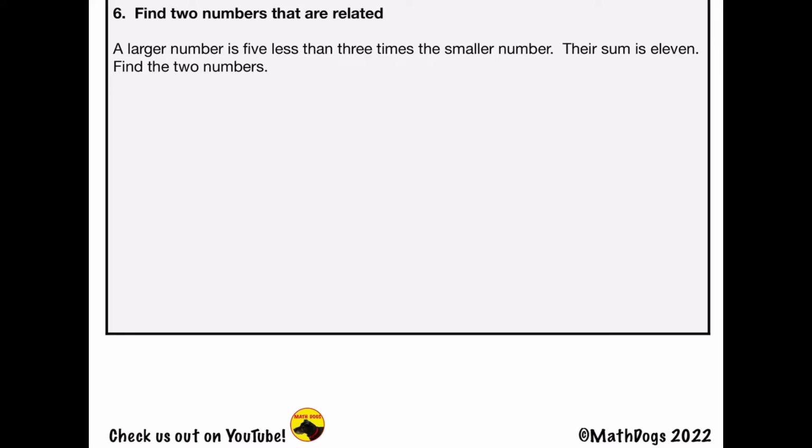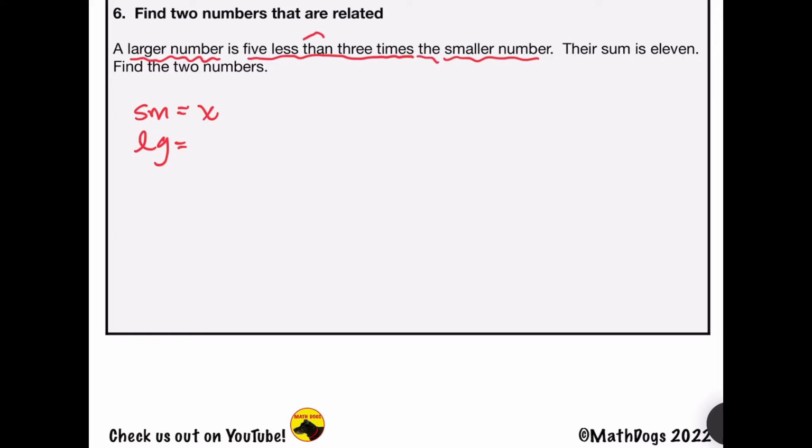So I have two numbers that I'm looking for, and they are related to one another, a smaller number and a larger number. I'm going to call the smaller number x. That's usually the easy part. You're always going to define one of the unknowns as x. Now we're going to translate to find the larger number. So it says a larger number is 5 less than 3 times the smaller number.